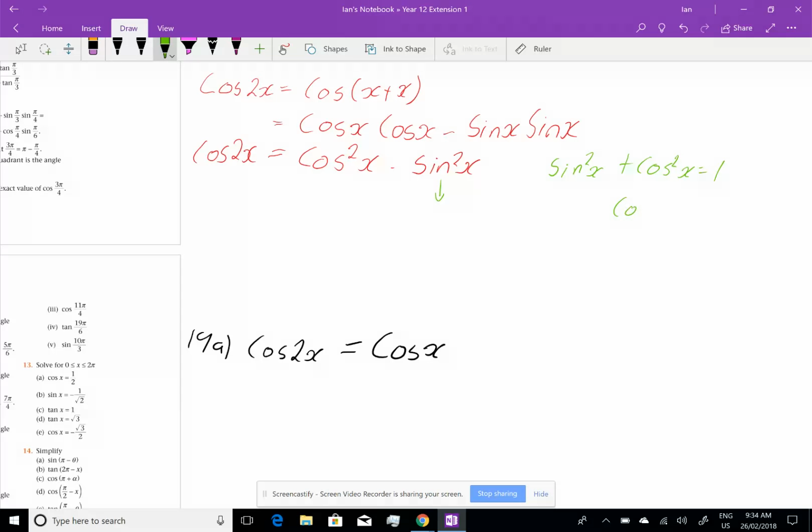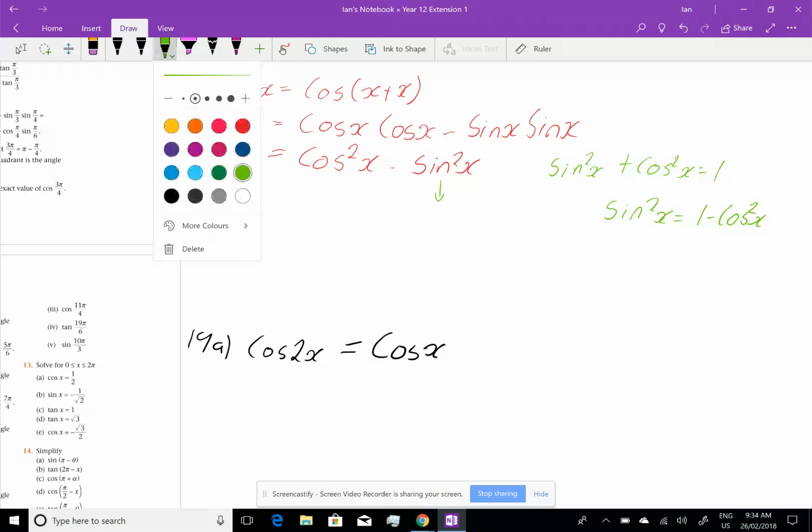So therefore sine squared x equals 1 minus cos squared x. So I'm just going to put that in there.